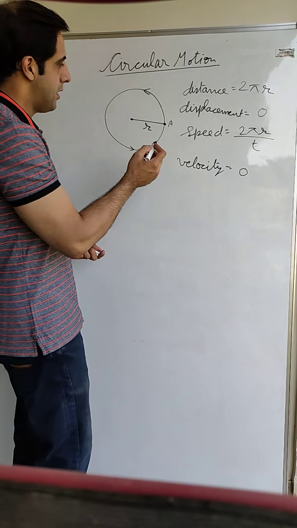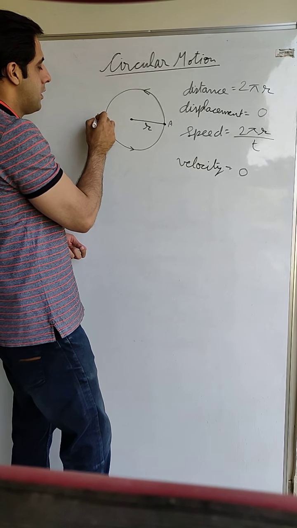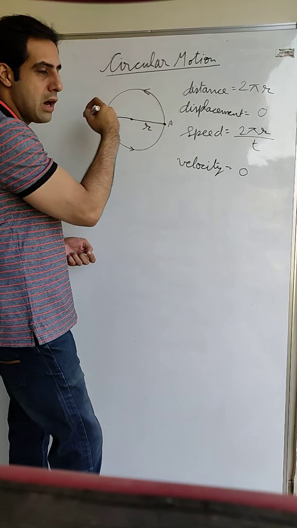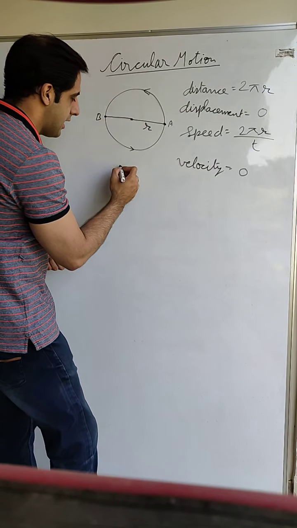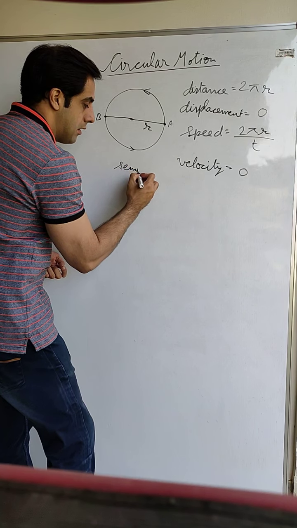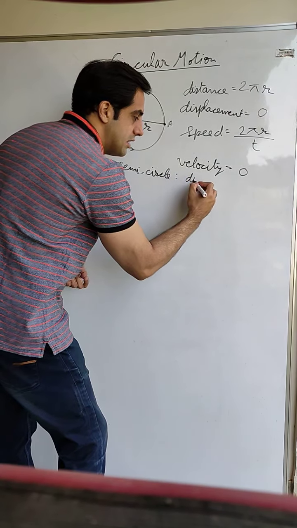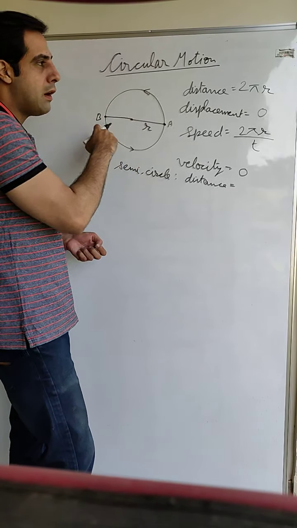I'll take a quick example. Suppose the body starts from point A and comes to point B, which is half of the circle. It covered a semicircle. So in a semicircle, the distance will be equal to half of 2 pi r.